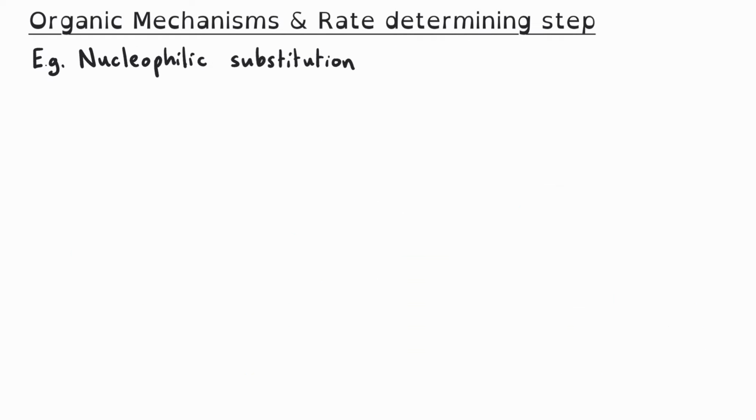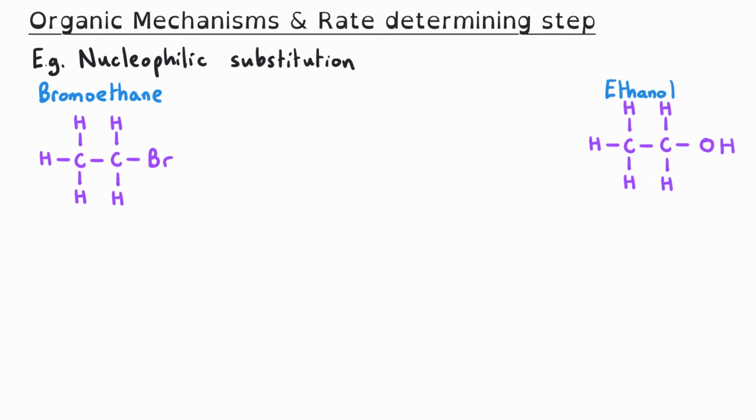Knowledge of rate equations and rate determining step can support our understanding of how organic mechanisms can occur. For instance, if we consider the nucleophilic substitution, where bromoethane can react with sodium hydroxide in aqueous solution to produce ethanol. There are in fact 2 possible mechanisms under which this could occur, but both of them are nucleophilic substitution.